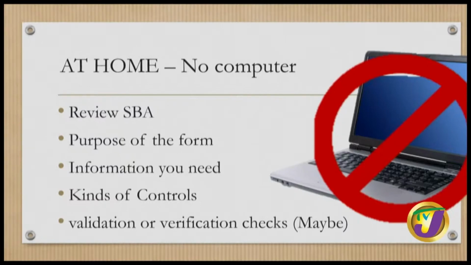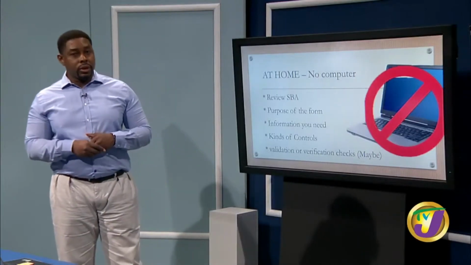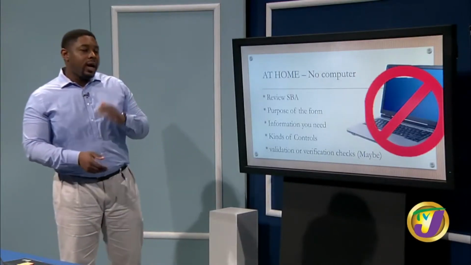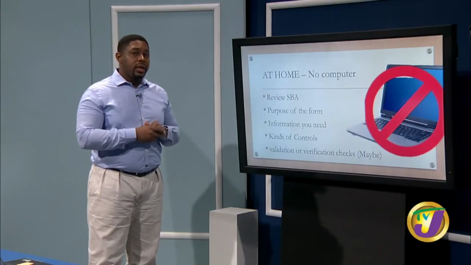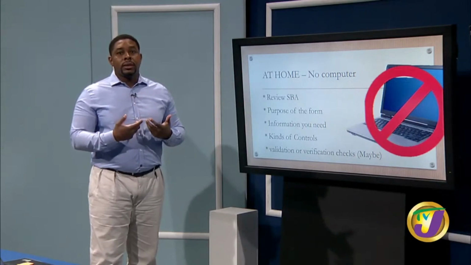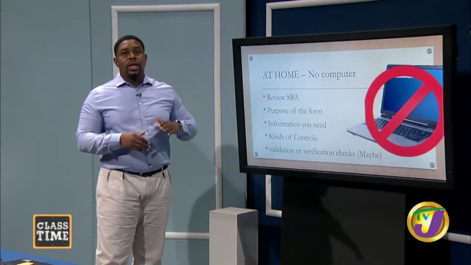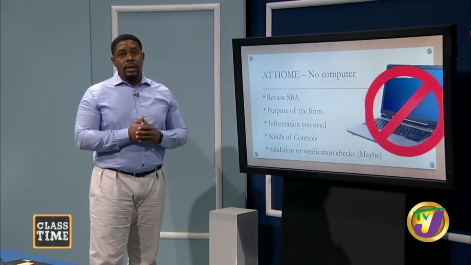If you have your SBA already, chances are you already know what the form is supposed to do. So when you have figured that out, you want to pay attention now to what information do I need to get. And then that information will tell me what controls I need to use.